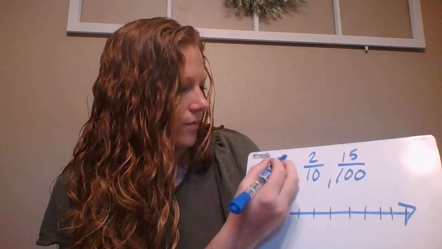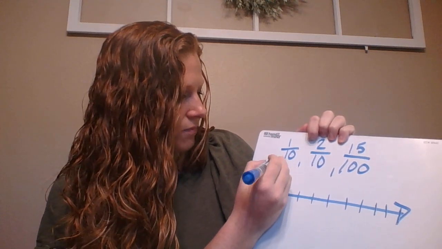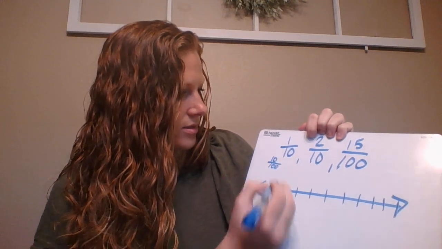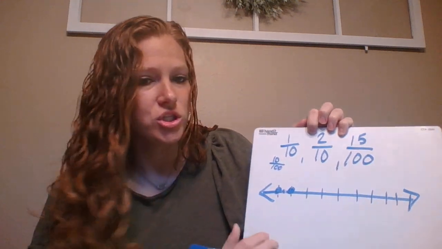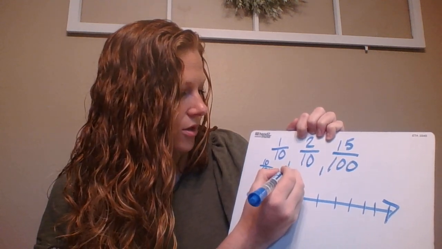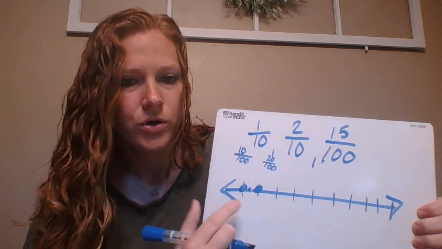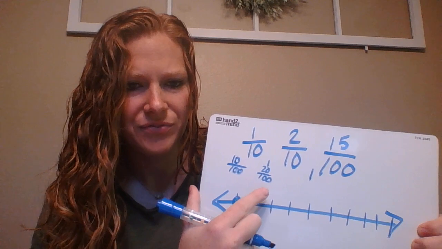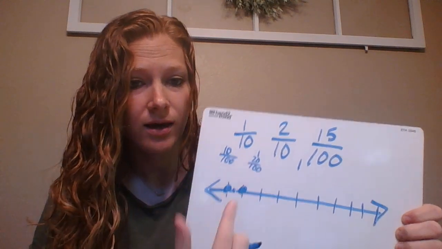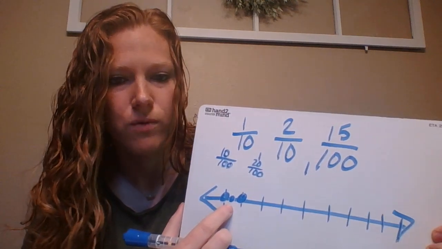Because if you remember, if I were to change 1/10 to hundredths, it would be 10 100ths. If I were to change 2 tenths to 100ths, it would be 20 100ths. They're equivalent. Well, what's in between 10 and, sorry, 20? It's 15. So 15 100ths is actually right in the middle.